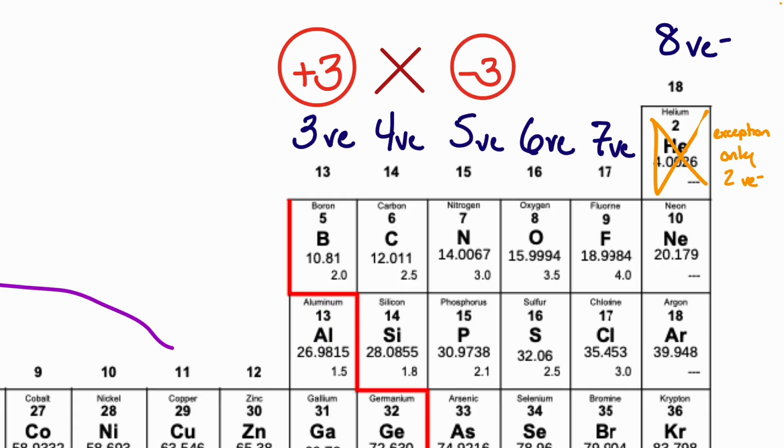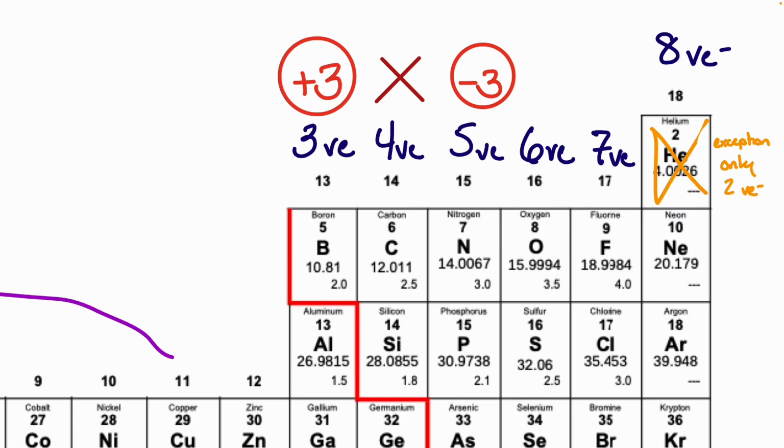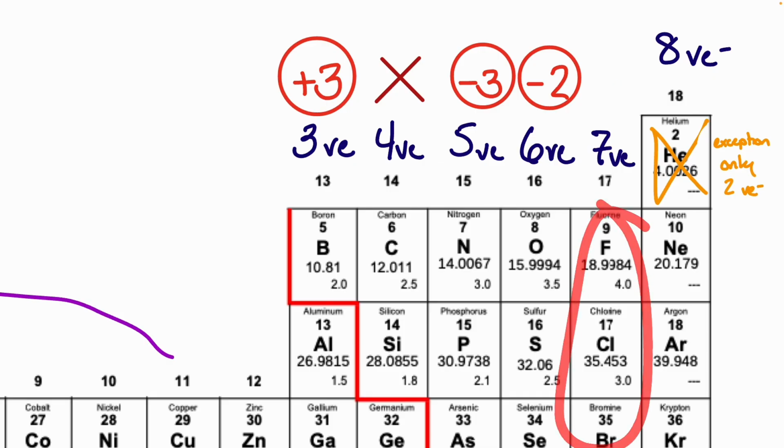All right, oxygen's family here. Oxygen has 6. It's going to gain 2 more, giving it a charge of -2. And then our halogens, they all form ions with a charge of what? Halogens, remember, being fluorine's family. All right, they're going to form a charge of -1.